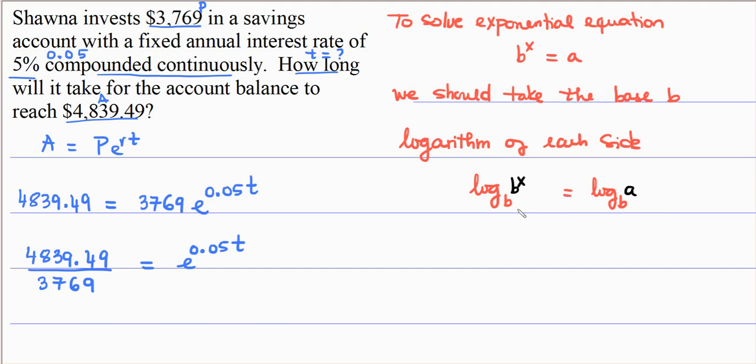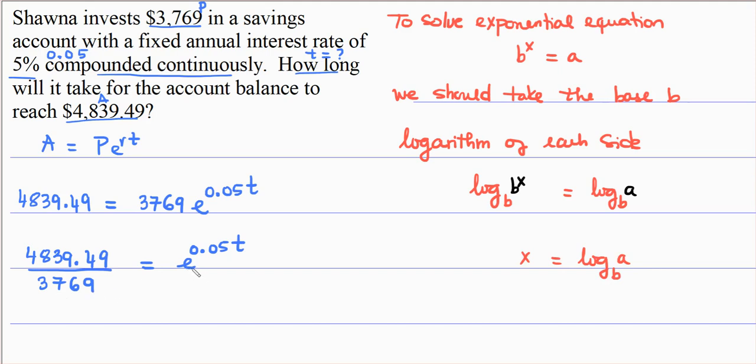Why do we need to do that? Because if we take log base b of the given expression with b to the power x, and we cancel out, that will just give you x on the left hand side, and on the right hand side, log base b of a. So that is what we should apply here. We want to cancel the base e, right?